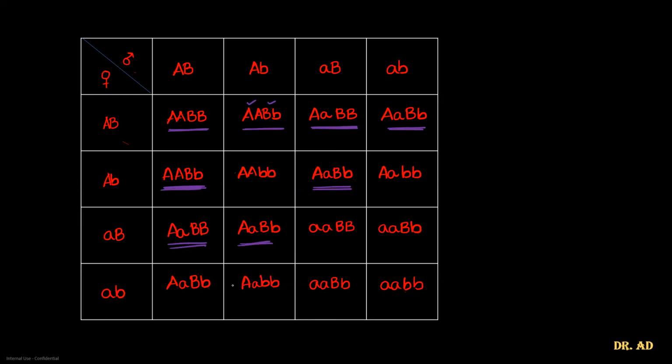These two are definitely not purple. This is purple and no more. So the criteria for being purple is what? Capital A and capital B will have to be present together. Think very simple. You are studying genetics, it doesn't mean you will have to think very, very big. Until and unless you know the art of simple thinking, you will never learn anything in life. Okay. So these are purple flowers.